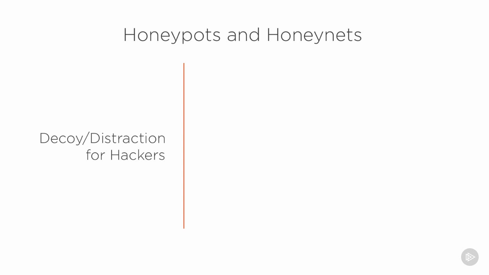It's a decoy. It's a distraction. And the idea behind this is that the hacker, instead of attacking what truly is of value, ends up attacking something that is really just a honeypot. A honeypot diverts them over to that other area where there is nothing of value. It looks good, but has no true asset worth.